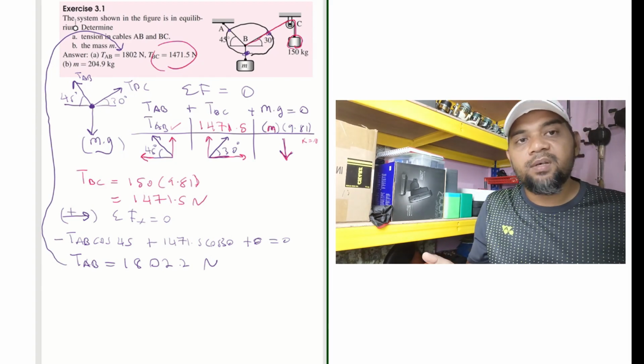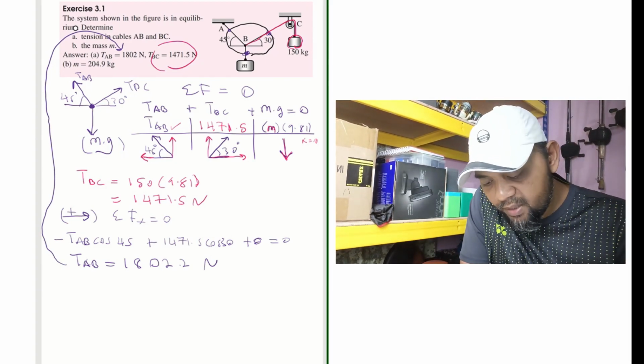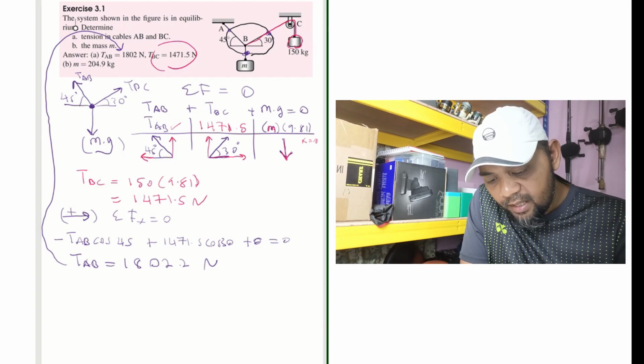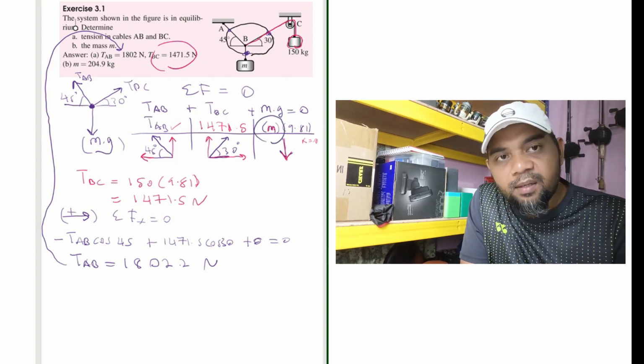Okay, so now we have already solved 2 parts, which is TAB and also TBC. The rest is the M from here.